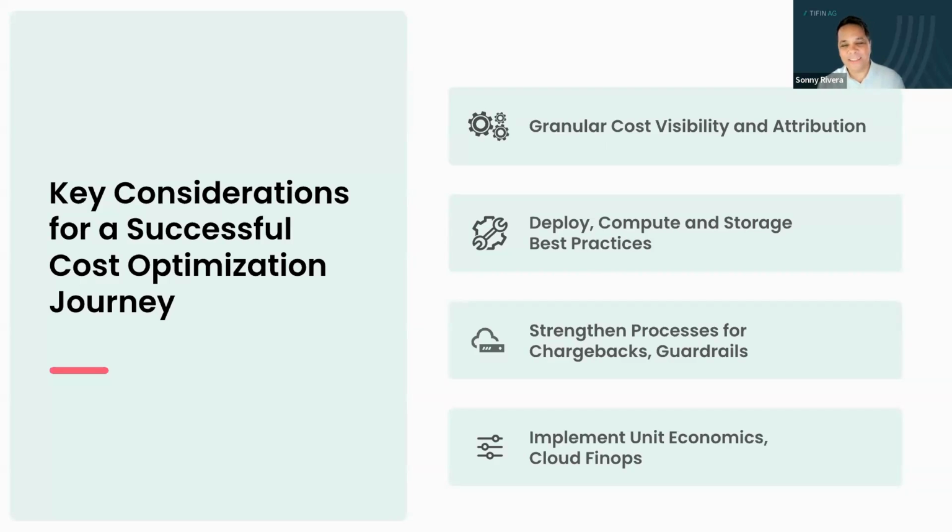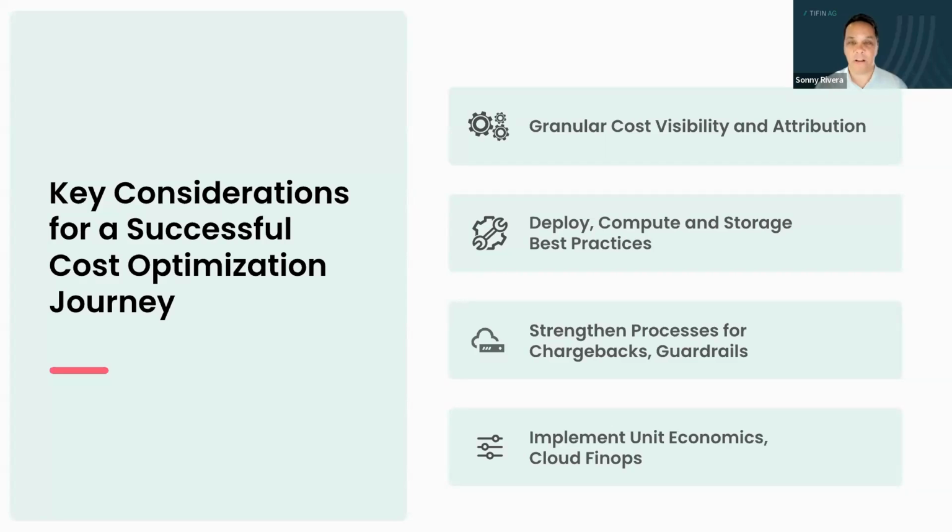And then the last thing is this goes to mindset. Think about the unit economics. Look, absolute numbers of your cost are important, but when you're driving value for your business, now you can start to say, hey, a new customer cost me this much. I can build that into my cost of service, all of those things.